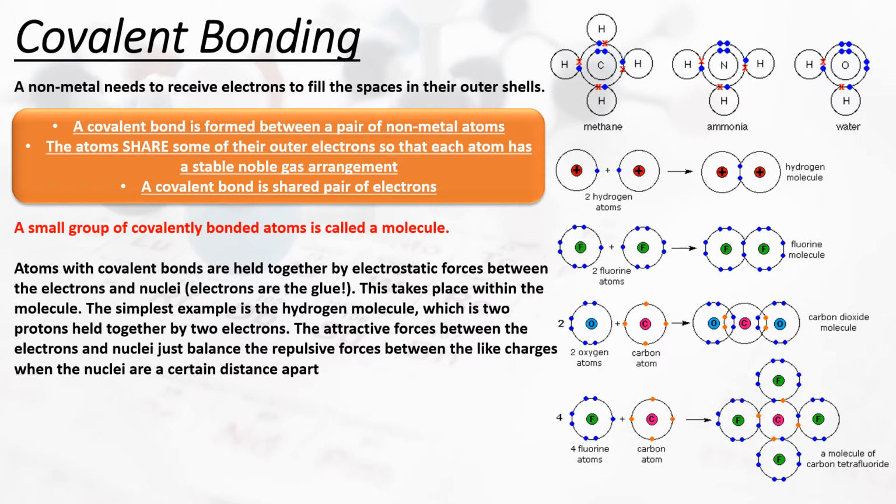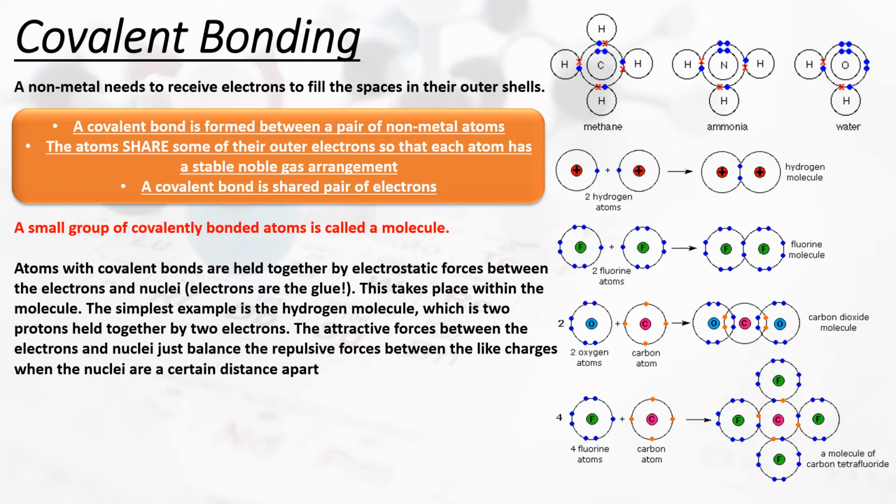And the simplest example of a covalent bond is the hydrogen molecule, which is simply 2 protons held together by 2 electrons. If we think about a hydrogen atom, 1 proton, 1 electron, and so a hydrogen-hydrogen covalent bond, the hydrogen molecule H2, essentially is 2 protons held together by 2 electrons.